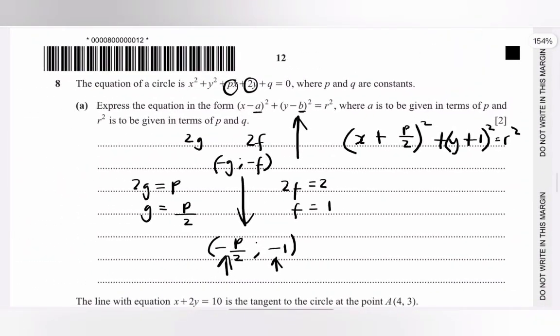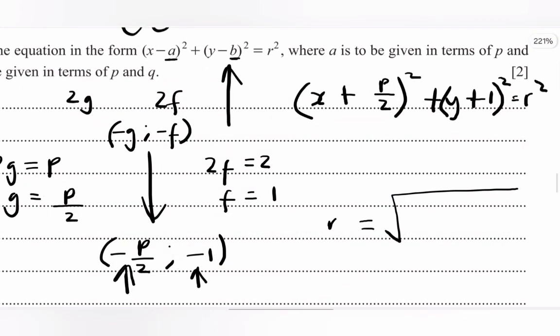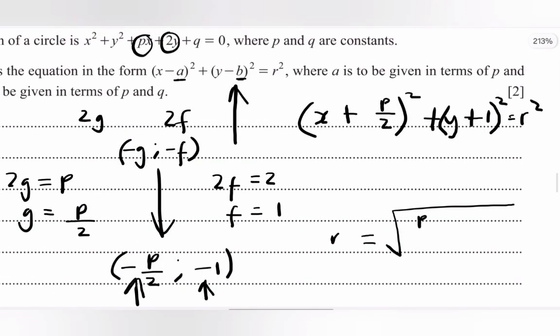Right? And now to get r, we're going to use the formula r is equal to the square root of the coefficient of x, which is p there, over 2 squared, plus the coefficient of y over 2, which is just 2 over 2, 1.